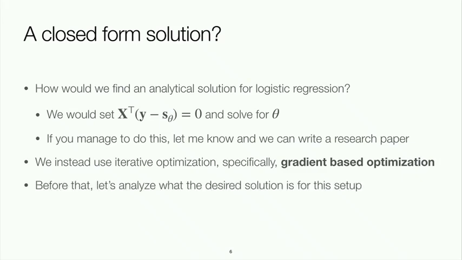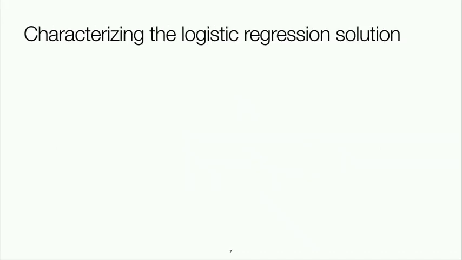We're going to do that in a sec, but before that, I think it's interesting to look at what we've just done and then try to analyze what it is that we're trying to find. What is the desired solution for this problem that we've just defined? So, characterizing the solution to logistic regression.